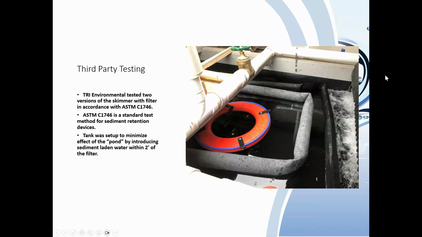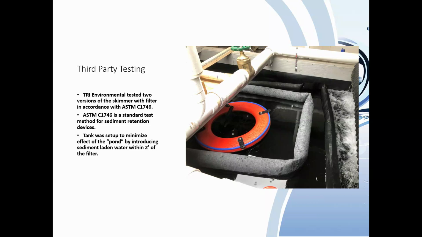The other thing to point out is that the water was introduced into the tank right at the filter. Here's where the water's coming in, and here's the first filter, about a foot, foot and a half of separation. So essentially, we took out the benefit of a forebay and the benefit of travel distance from an inlet to an outlet.